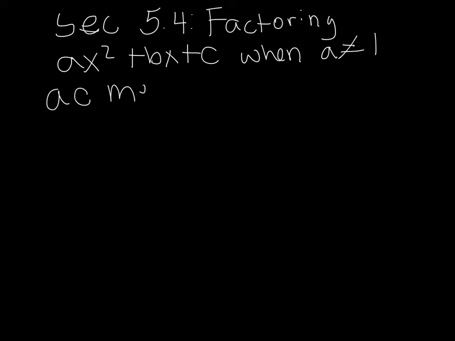Okay. And so what we're going to do here is I'm going to switch to a new slide so I have more room, and we're going to start by looking at problem number 7. It says 3x squared plus 14x plus 8.